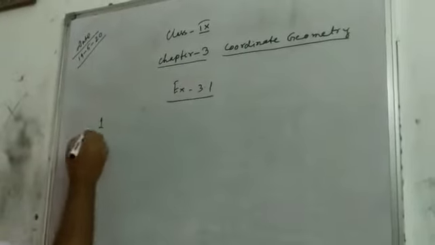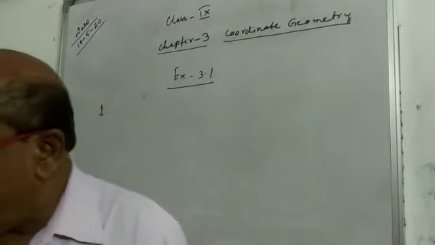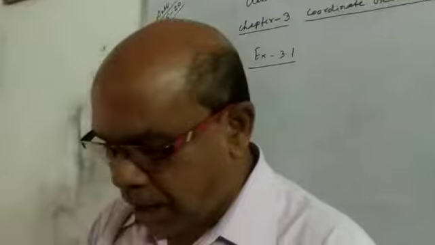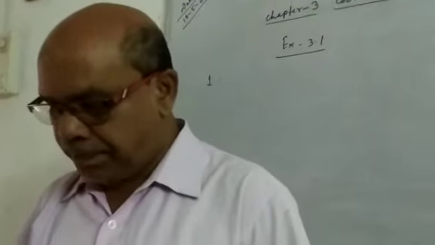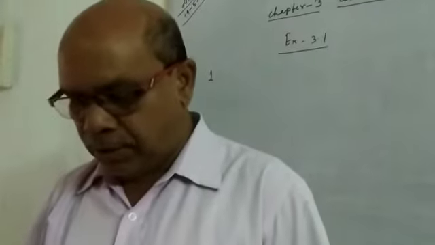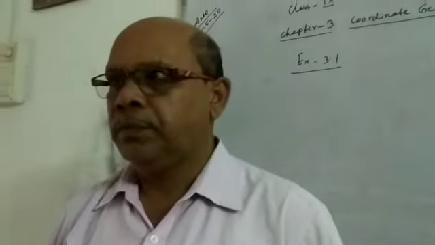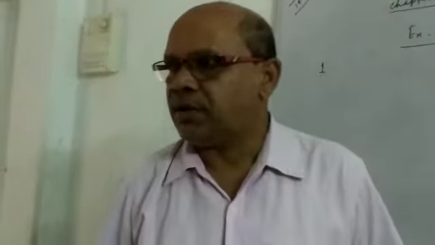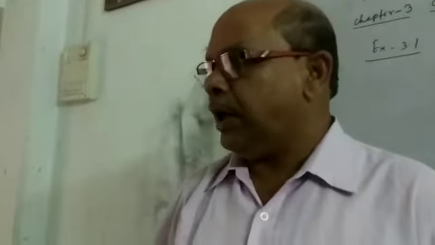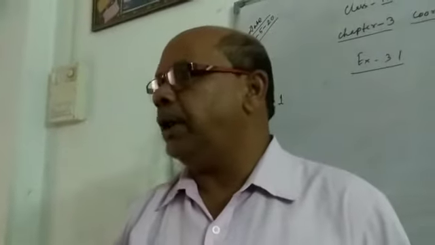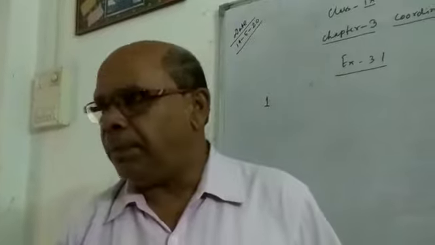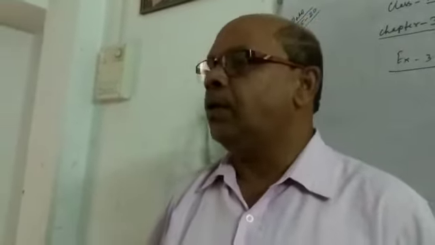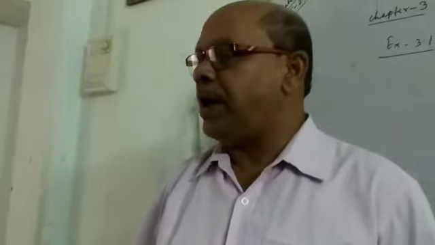Question number 1, you read. It is given: how will you describe the position of a table lamp on your study table to another person? Very easy, and it is common to us also. We study at a table. Nowadays we are not using a table lamp, but 20, 25, 30 years ago the table lamp was very important for us.